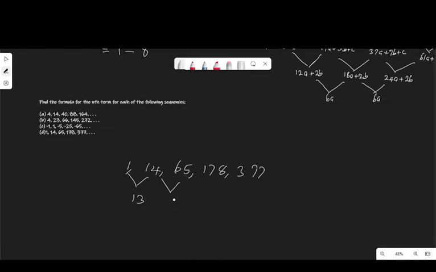Taking the first order difference, we have 14 minus 1 is 13. 65 minus 14 is 51. 178 minus 65 is 113. And 377 minus 178 is 199. That is the first order difference.